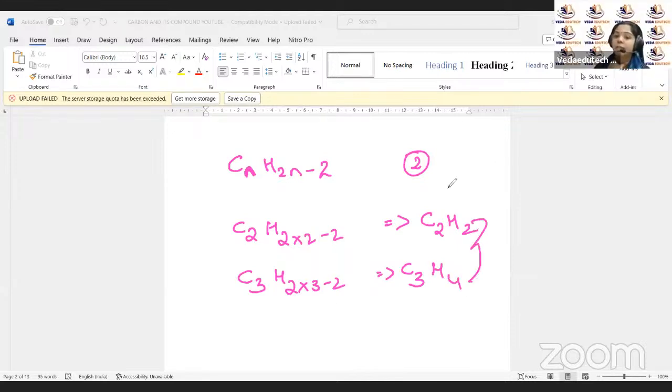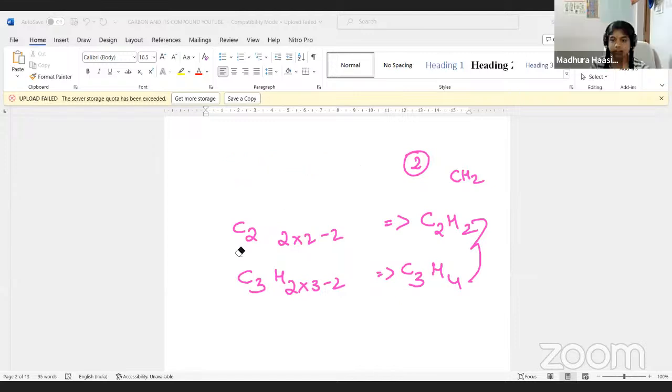So again, the difference is of CH2. So in all the homologous series, all the successive members are going to have the difference of CH2, in alkene as well as alkyne. Clear?